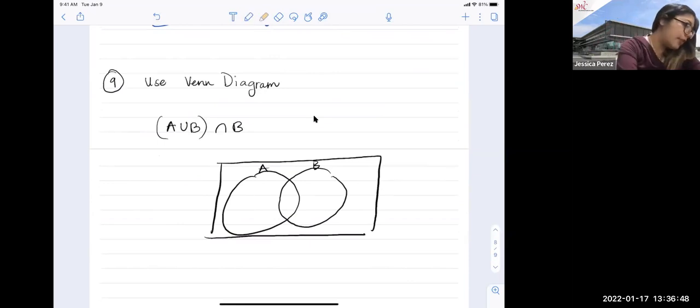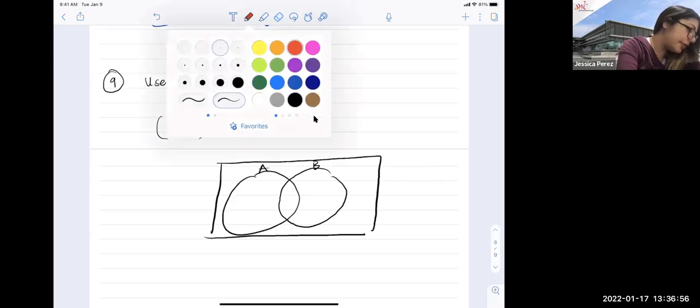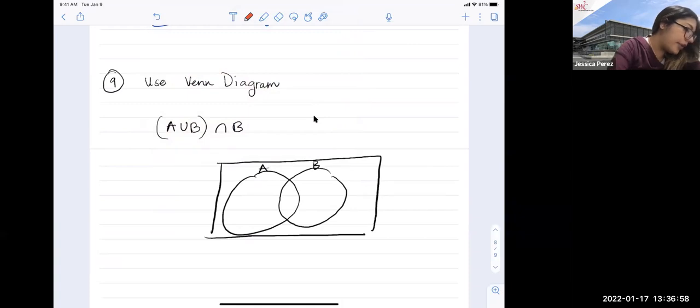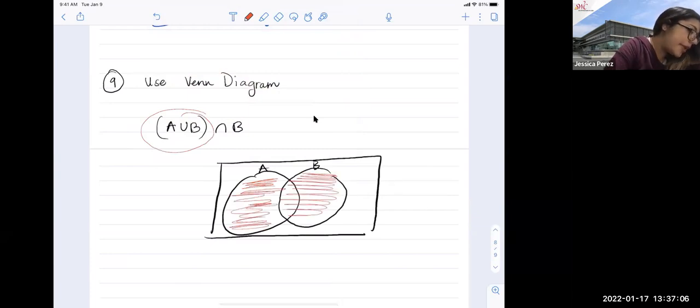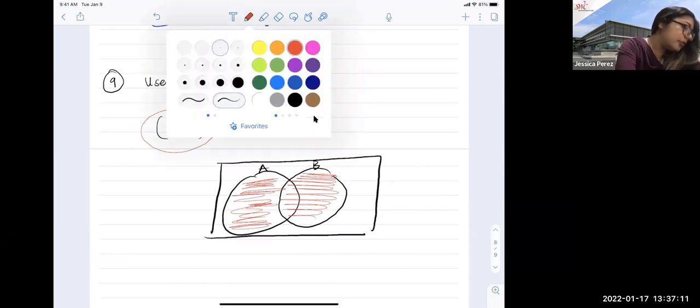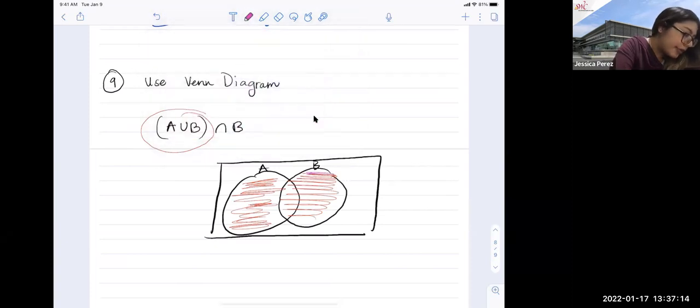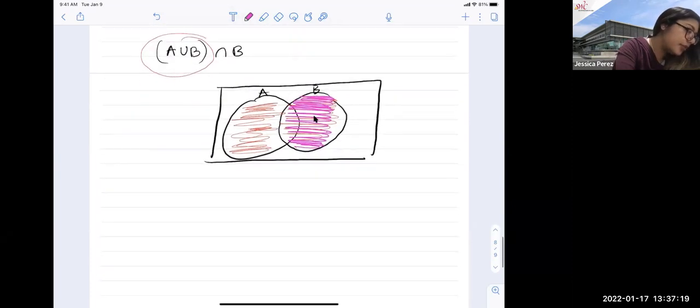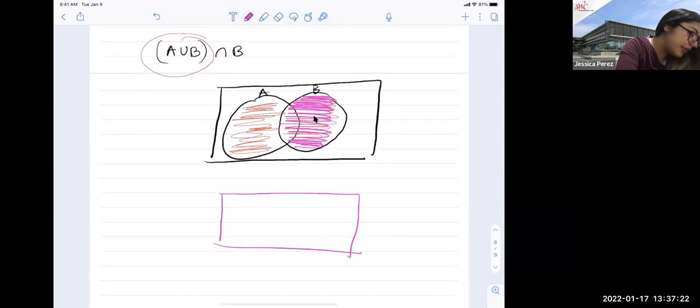So what do we know about the A and B? I'm going to use the color red. So this A or B is actually A or B intersect B. So the intersection would be this. So where they match is actually only their intersection. So your final answer should only be this part.